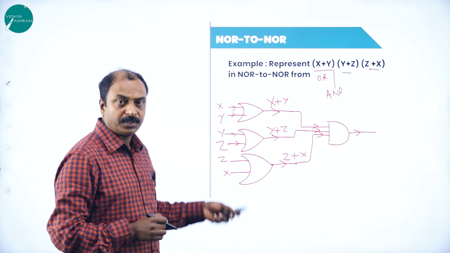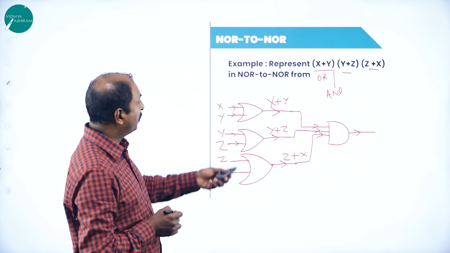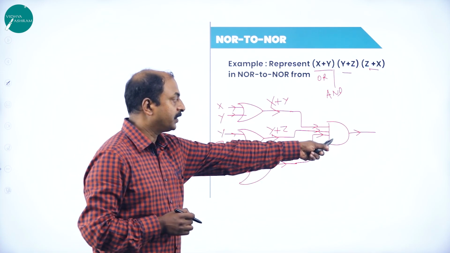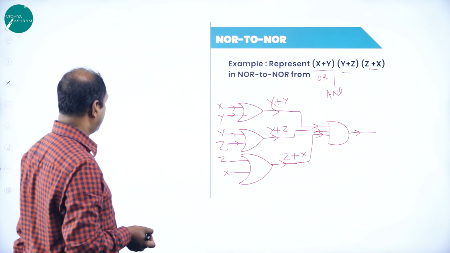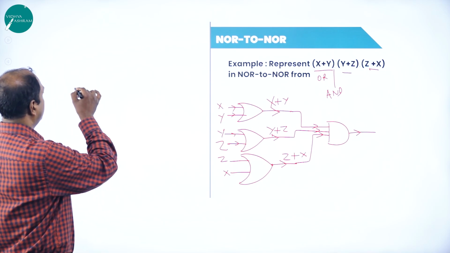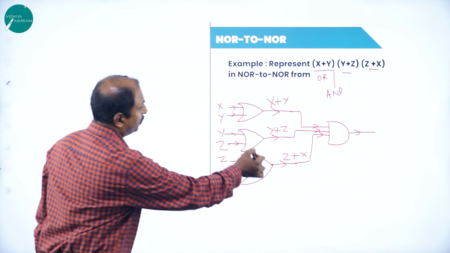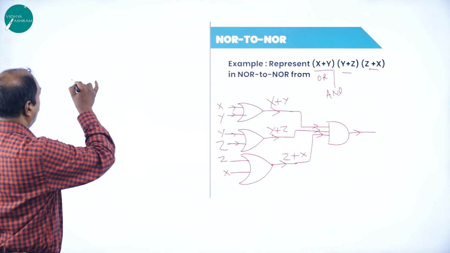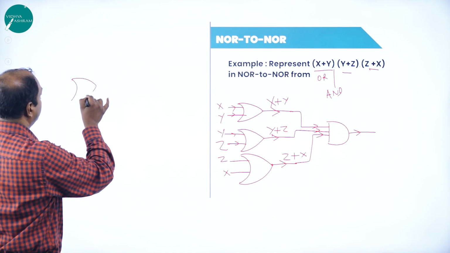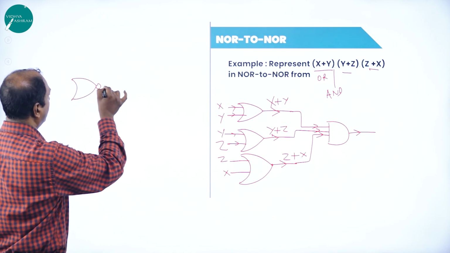Now in the last step, we have to replace all these gates with NOR gates. Let us try here. This is 1, 2, 3, 4. Here we have to write all NOR gates. An OR gate followed by NOT is a NOR gate.